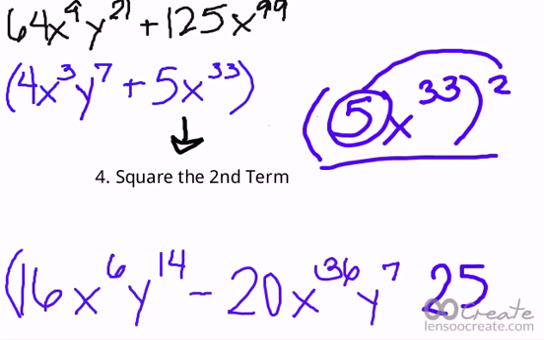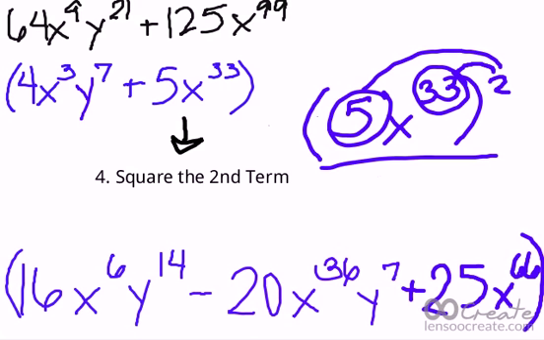And I will also be applying 2 to 33, which is equal to x raised to the 66th power, since I applied the power of a power rule. And the sign will be addition, since any number that is squared will become positive.